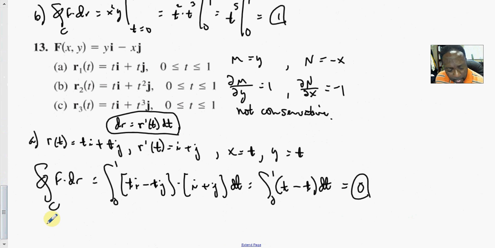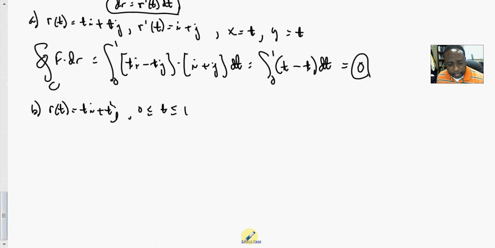What about part B? Here r is defined as t i plus t squared j, 0 less than or equal to t less than or equal to 1.